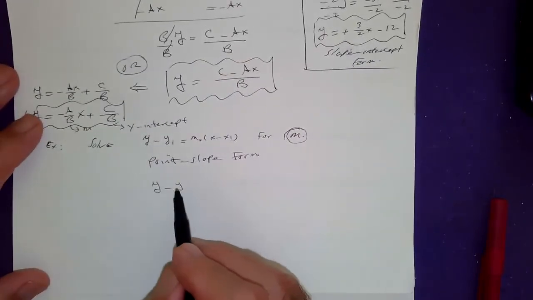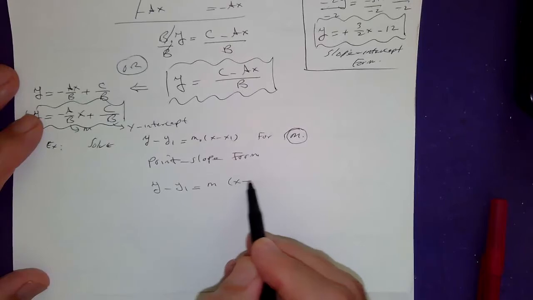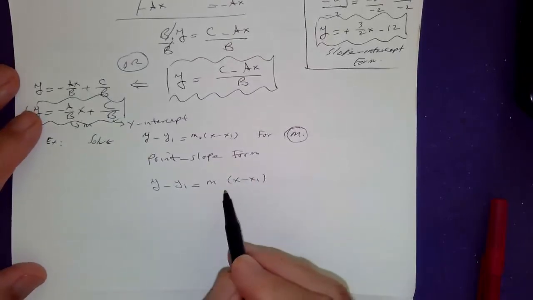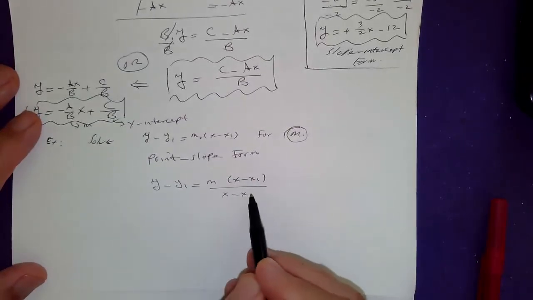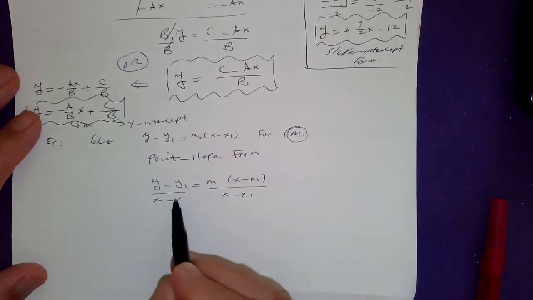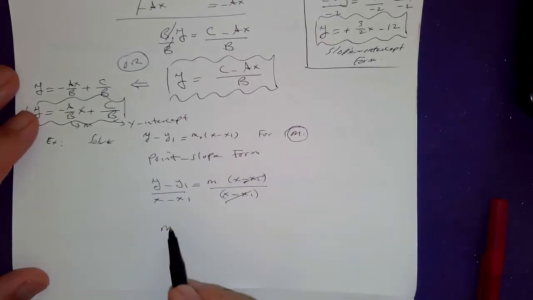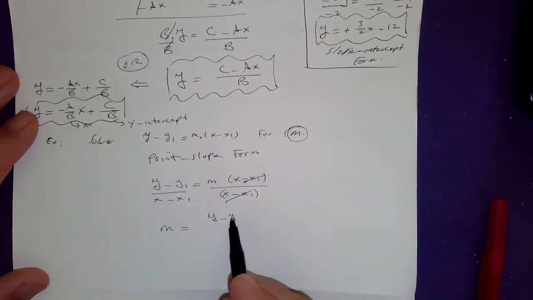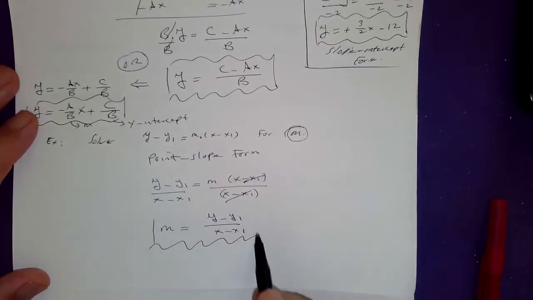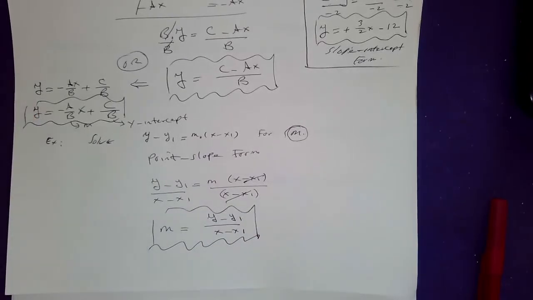So this is really super easy, despite its looks. All I have to do is divide both sides by this guy, x minus x1. These cancel. So m, slope, is y minus y1 over x minus x1. End of the problem. Do we all see it?